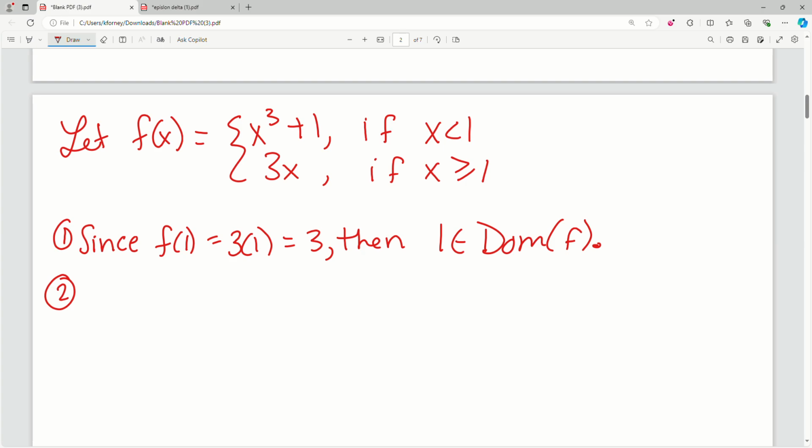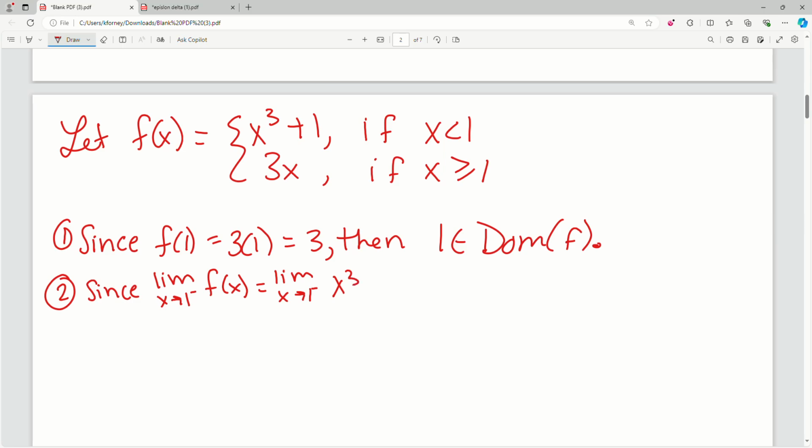So we say, the limit as x approaches 1 from the left of f of x, which part of the function am I going to use?